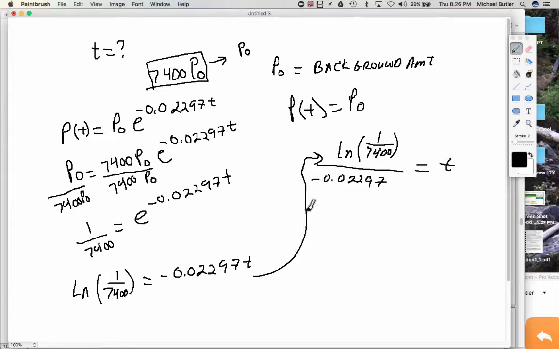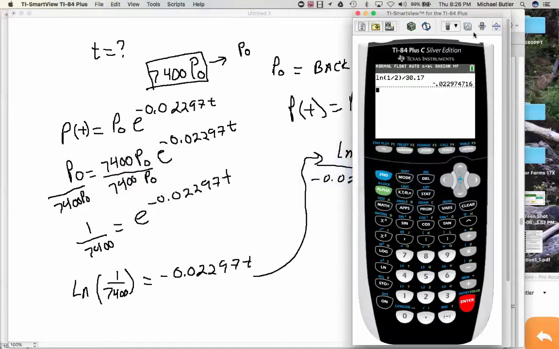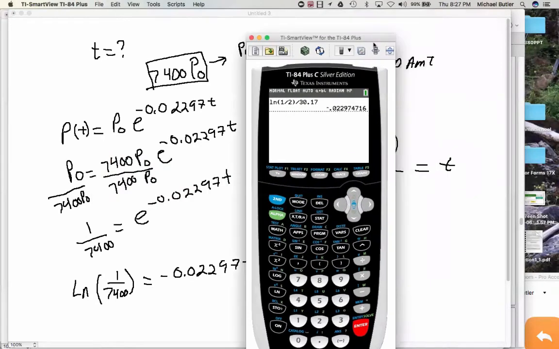Now we're going to get our calculator out and do that part on this bad boy. Let me move it over here so we can see the calculation.